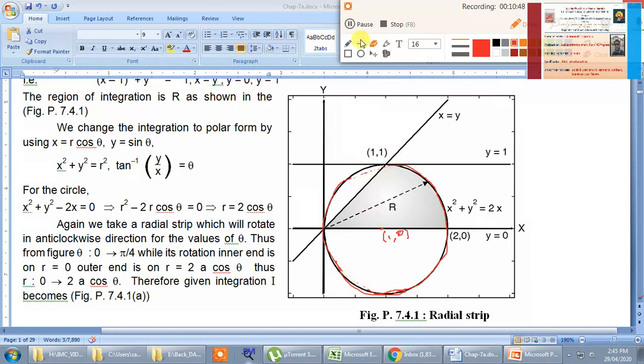So this one is your circle of radius 1 and center at (1, 0). Okay, so that is your first curve.